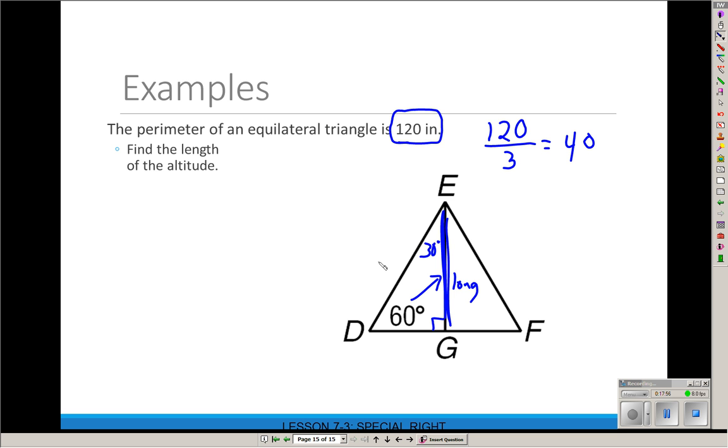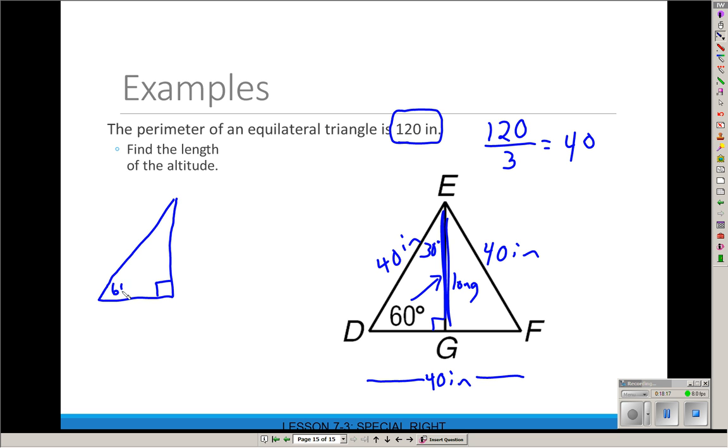So I know that each side of this equilateral triangle is 40 inches. Well, now if I just focus on the 30, 60, 90 triangle, I'll draw the left half here. Here's my 60 degrees. I know the hypotenuse is 40 inches.